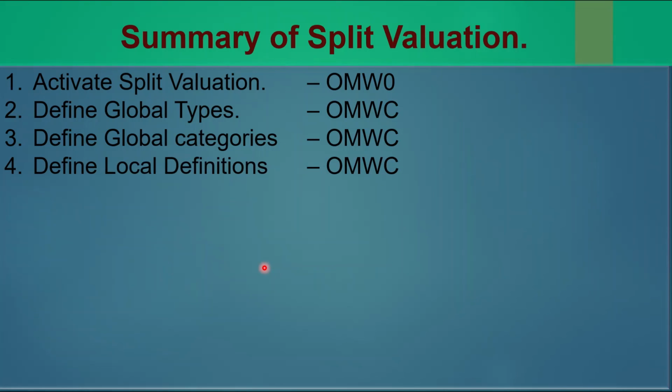Then we define category. We defined a single digit category where we have assigned those global types to the global categories, and then we activate valuation at plant level in local definitions. So this is the configuration part.